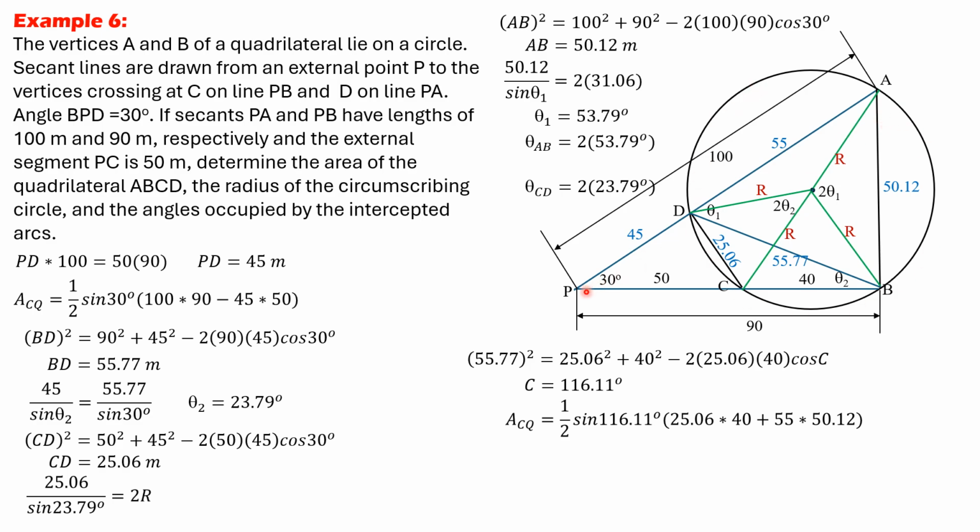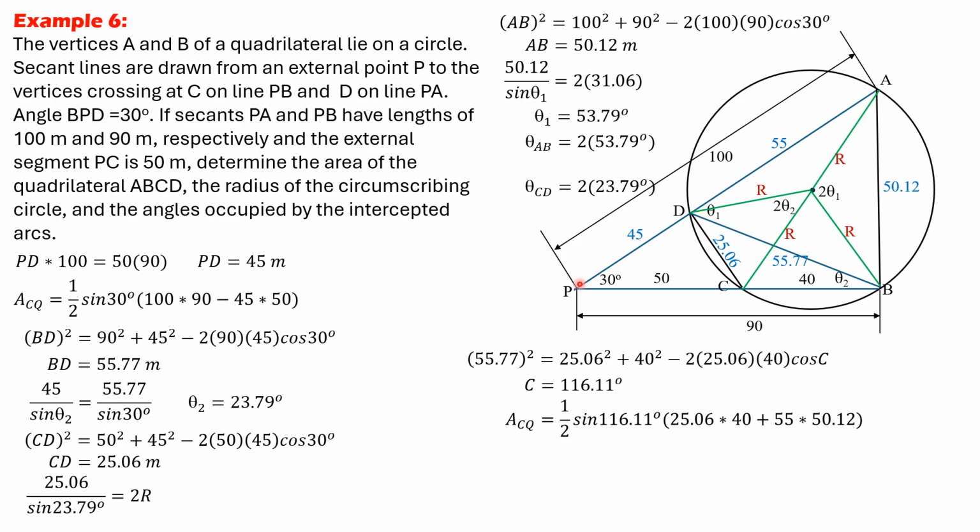So we have A and B of the quadrilateral which lie on the circle, and secant lines are drawn from an external point P to the vertices, crossing at C on line PB and at D on line PA.